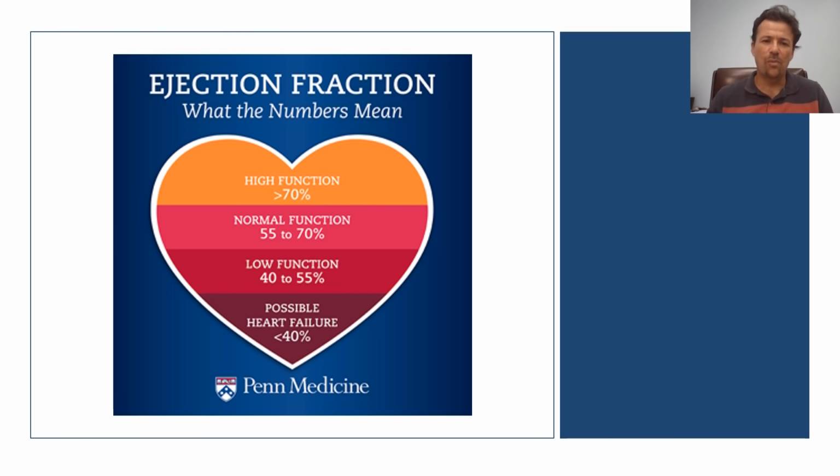Most of us have a normal functioning ejection fraction somewhere between 55 and 70%. If you're between 40 and 55%, that would be considered low functioning or borderline. Something is going on there and it needs to be checked out. Cardiomyopathy, scarring for some reason in your heart.